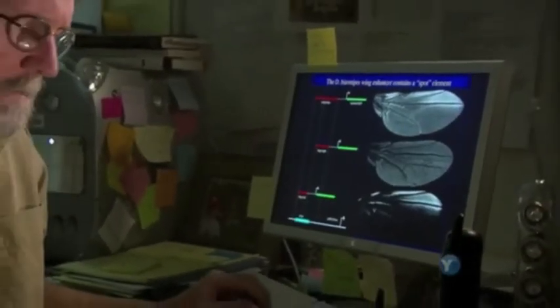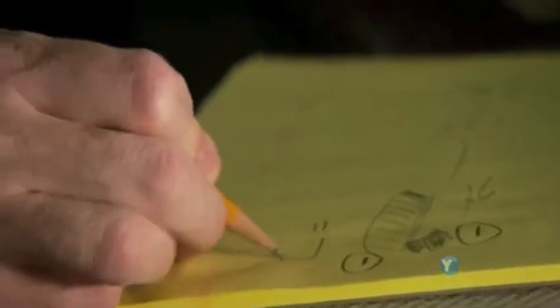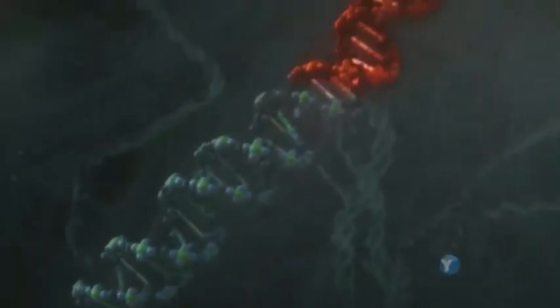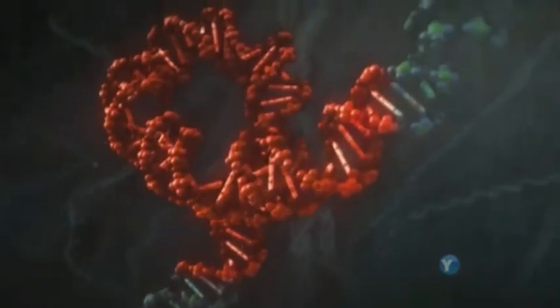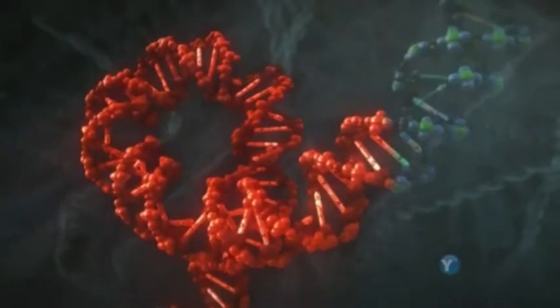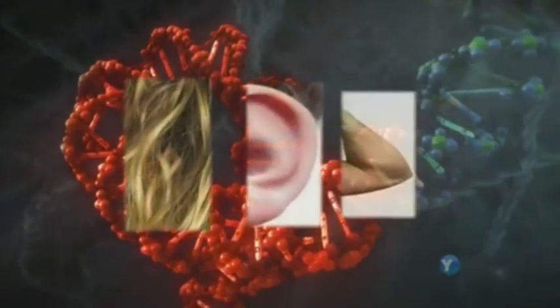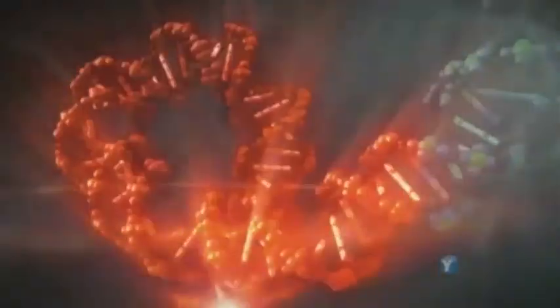Carroll had found something that is revolutionizing our understanding of how different animal bodies have evolved. A piece of DNA called a switch. Switches are not genes. They don't make stuff like hair, cartilage, or muscle. But they turn on and off the genes that do.